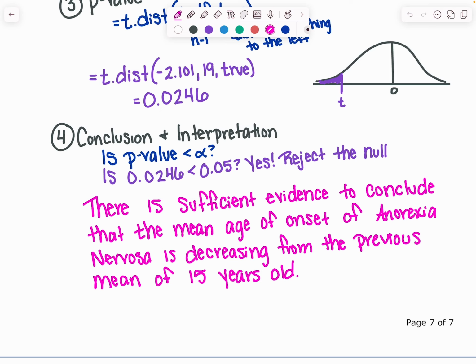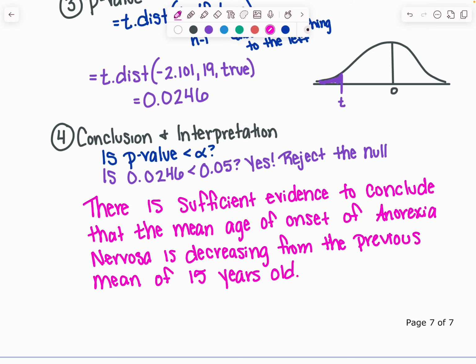Well, in this case, if we are doing this test for a company that is trying to promote healthy eating habits and body positivity and healthy lifestyles, and they have been focusing on going to the high schools to do their work, the results of this would suggest that they should also be targeting the middle schools because the mean age, the middle age, is actually less than 15.